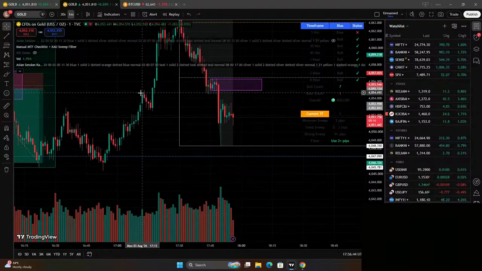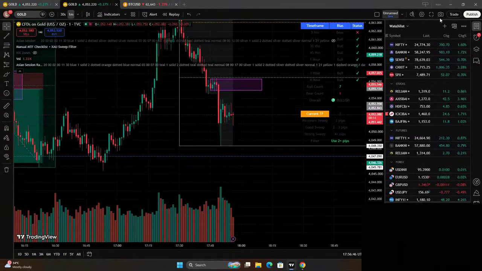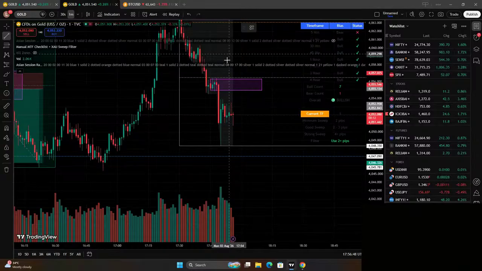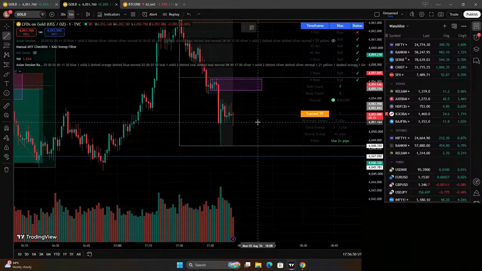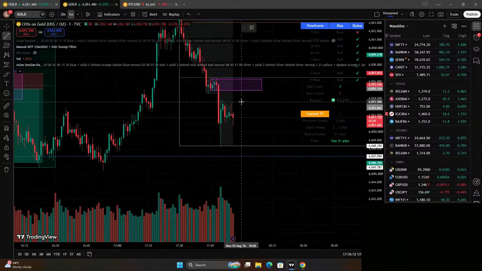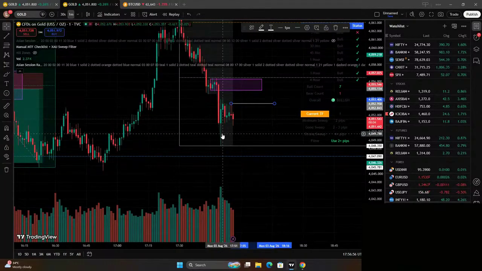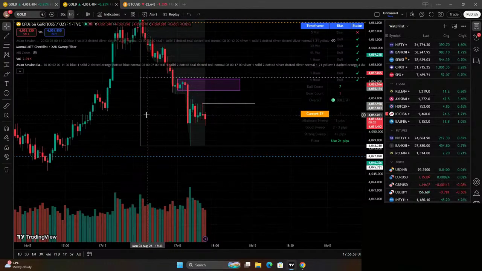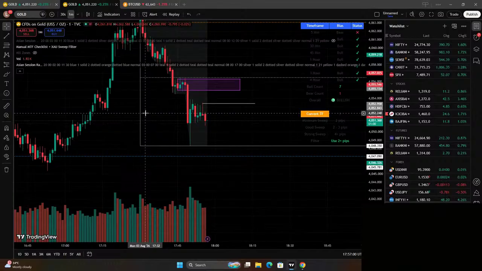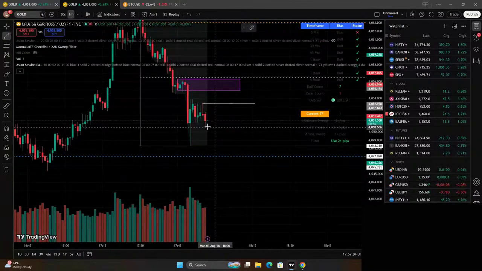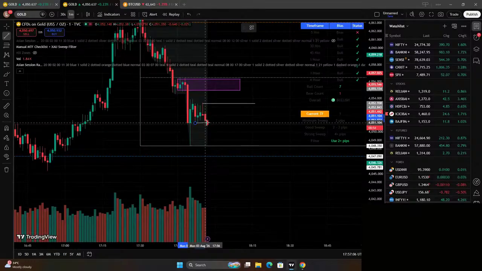Okay, let's look at what can happen over here now. See, first of all, this is a liquidity sweep. If this crosses with a bullish FVG, then it's going to be good. This should not close below this.